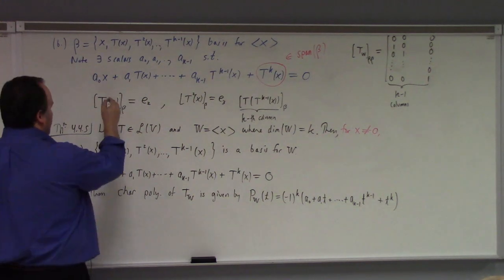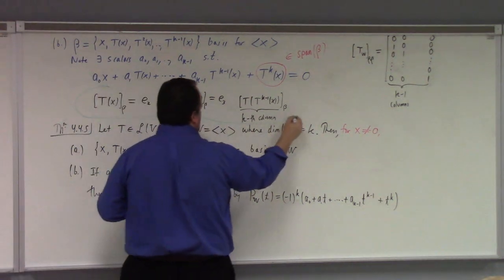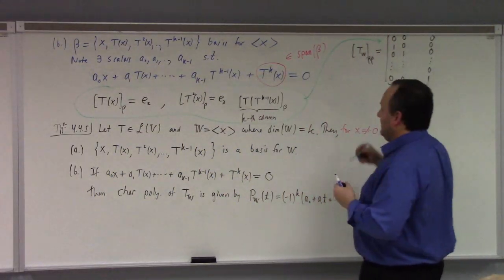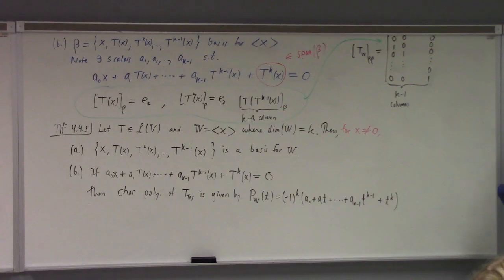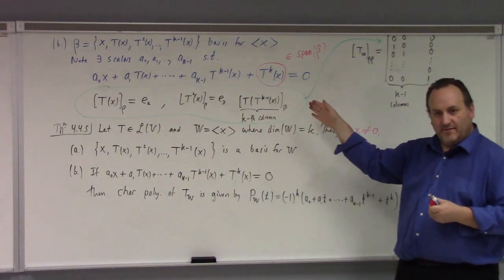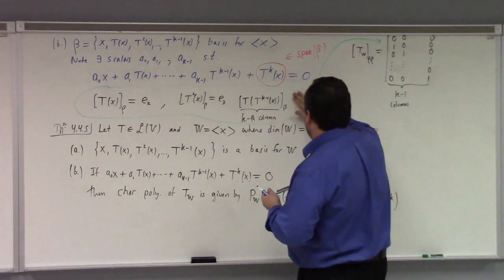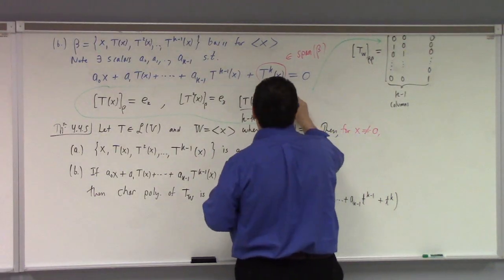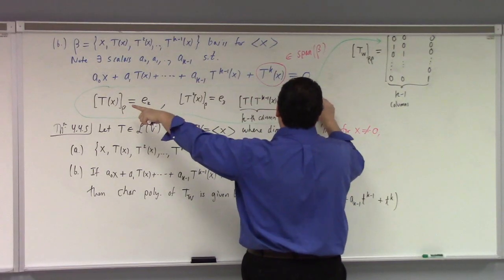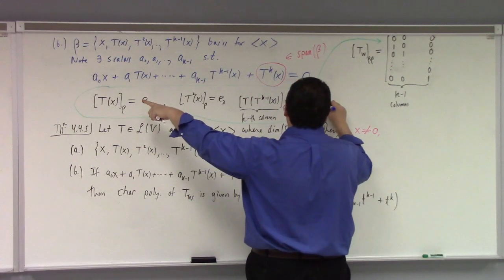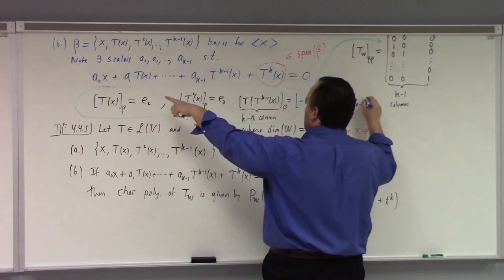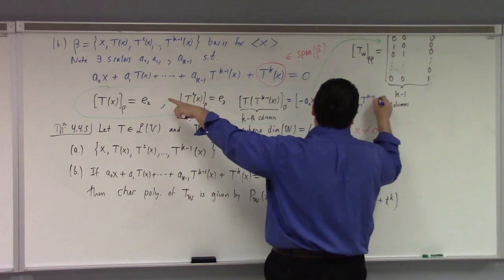Sorry, my board work is a little bit unorganized. What I'm doing is this stuff is informing what I'm putting up here, okay? But this is T^k of x, so this is in fact equal to, solving, minus a0 x minus a1 T of x minus ... minus a_(k-1) T^(k-1) of x.